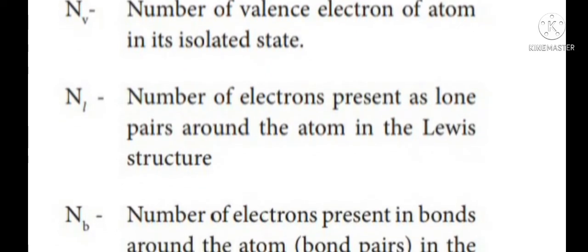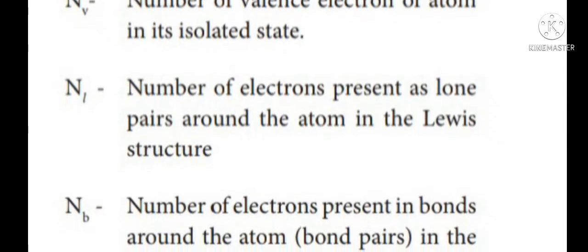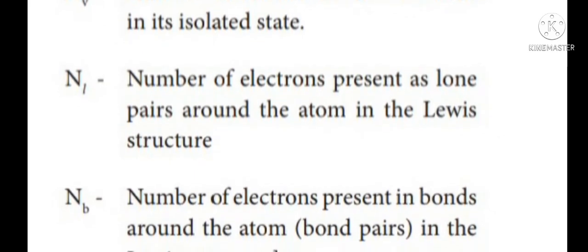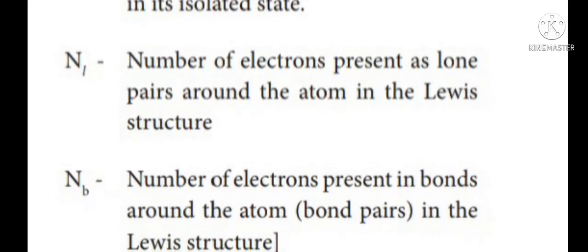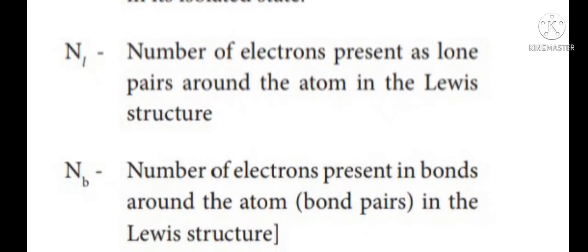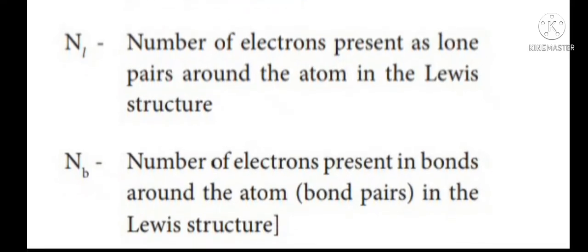Simply, Nv is the number of valence electrons, Nl is the number of lone pair electrons, and Nb is the number of bond pair electrons.